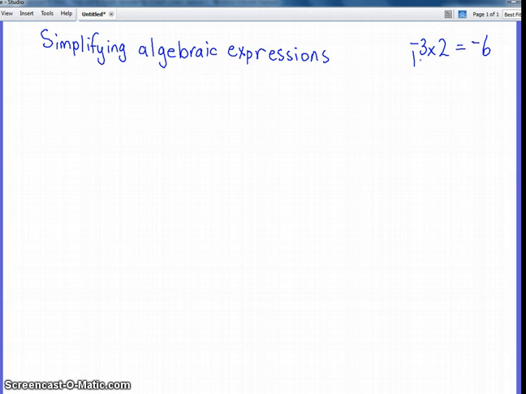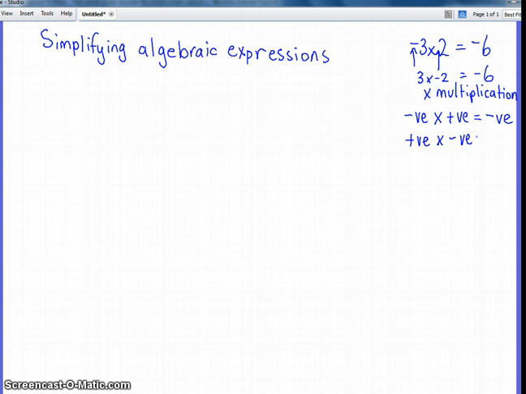The thing being that when we're multiplying a negative number by a positive number, the answer comes out to be a negative number. When we're multiplying 3 times negative 2, the answer is still negative 6, because when we've got a positive multiplied by a negative, the answer is a negative.